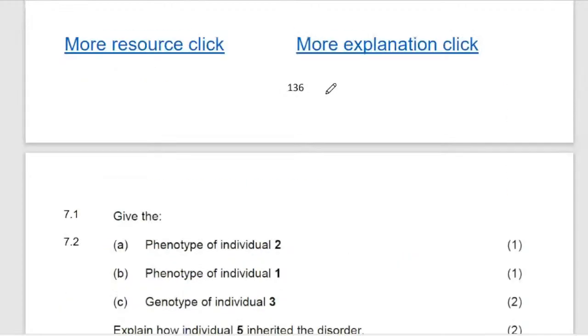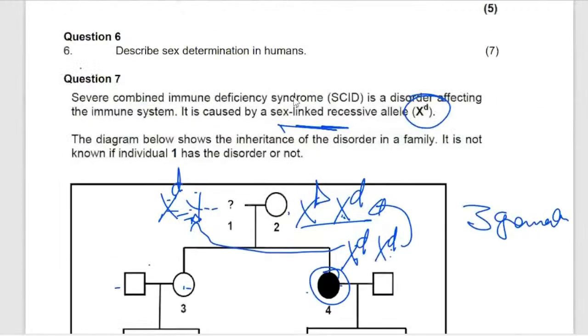Then the phenotype of one: this person has produced a kid who is sick, therefore one recessive allele came from here, another recessive allele came from here. And remember, this is a male. Therefore, this individual is affected with the disorder.